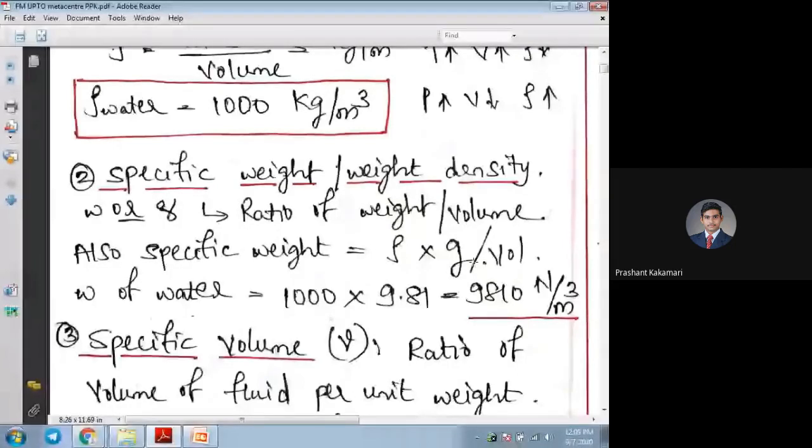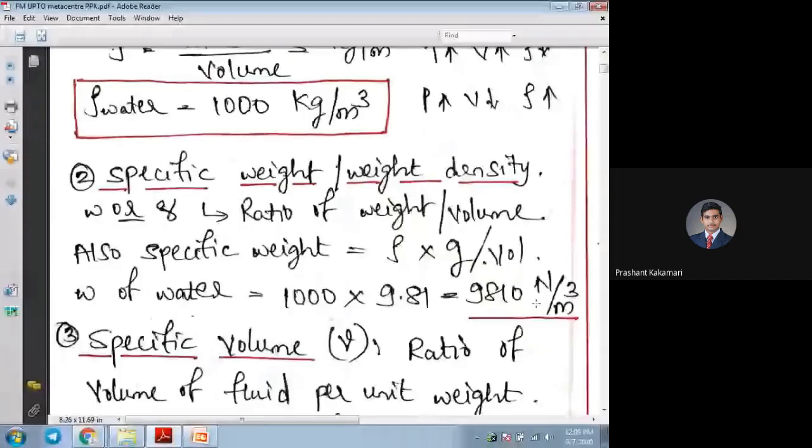So here, for water, which we were discussing as a standard liquid, the mass density is 1000 kg per meter cube. What we are doing is just multiplying with 9.81. So that will become 9810.